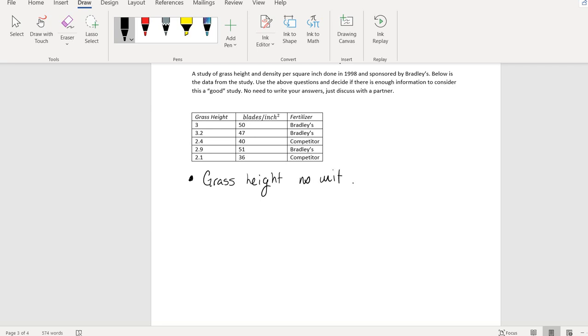So is that 3 inches, 3 centimeters, 3 feet? Is it how much it grew? Did it grow from a seed? Is that just how much it grew from the last time we cut it? The other thing is that it was sponsored by Bradley's, so I feel like there's an inherent bias here.